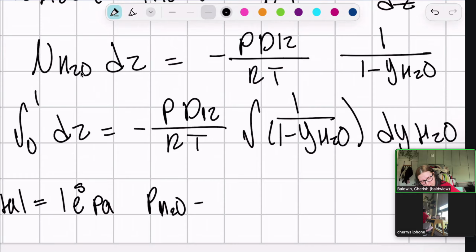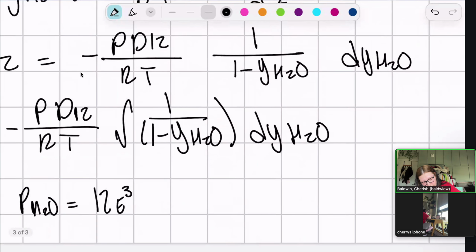But this value, after Googling it, is 12 e to the 3rd, and we just take the fraction of this, and the mole fraction of it is 0.12. So we're doing it from 0.12 to 0.